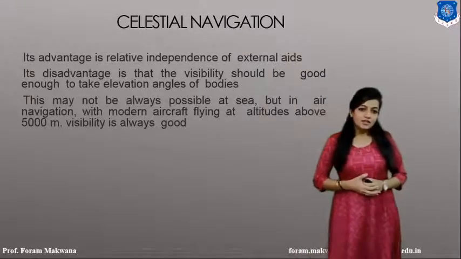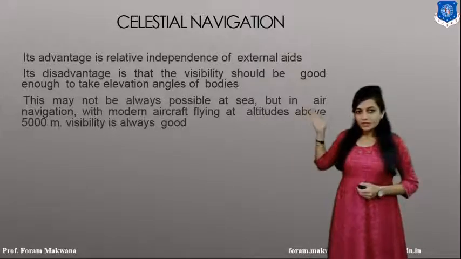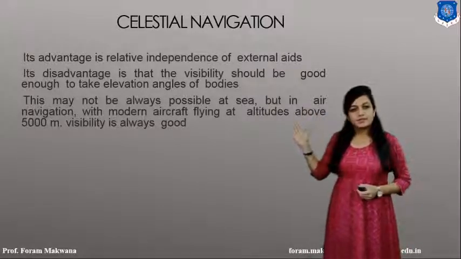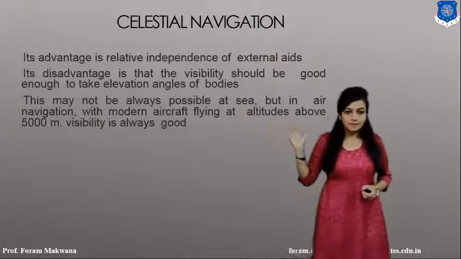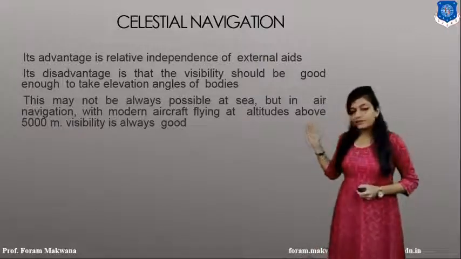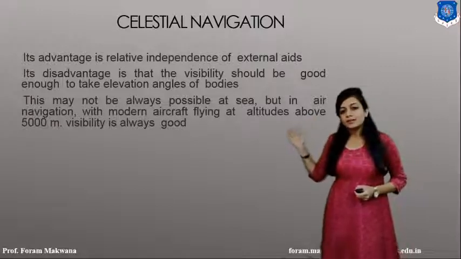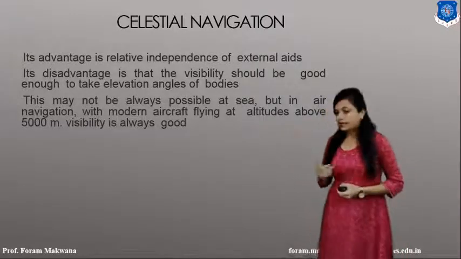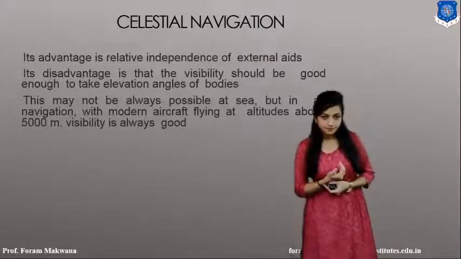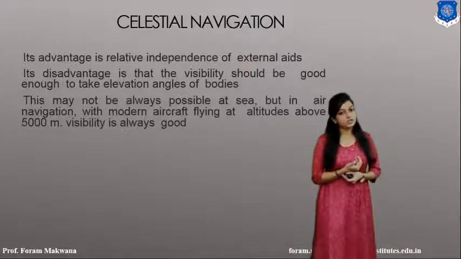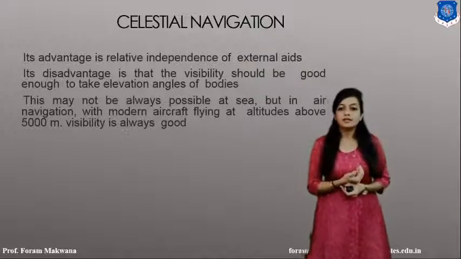So in celestial navigation, the advantage is that it is relatively independent of external aids, but the disadvantage is that visibility should be good enough to take the elevation angles of bodies, right? But it is not possible at sea level.